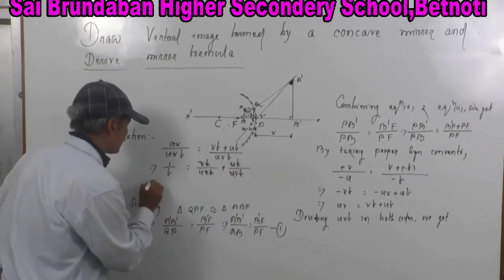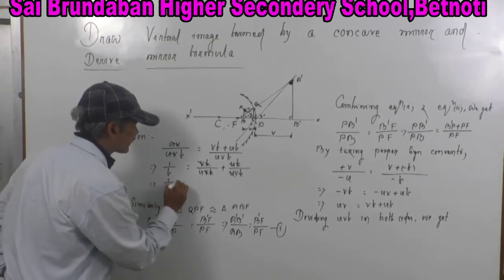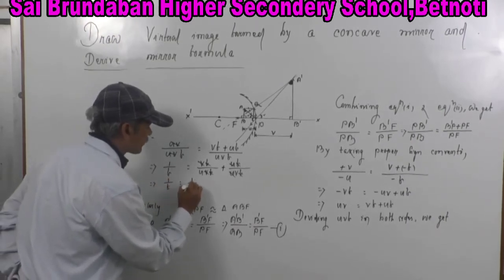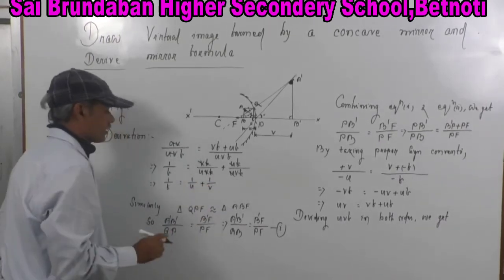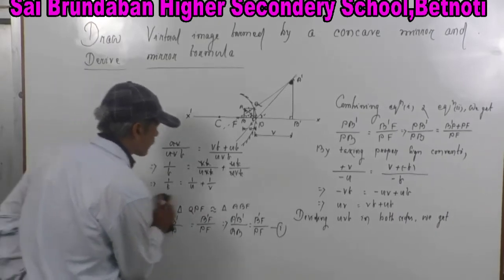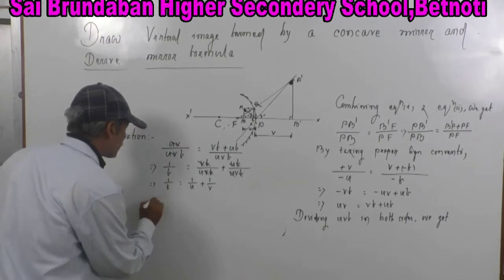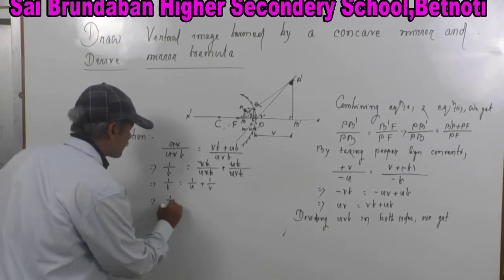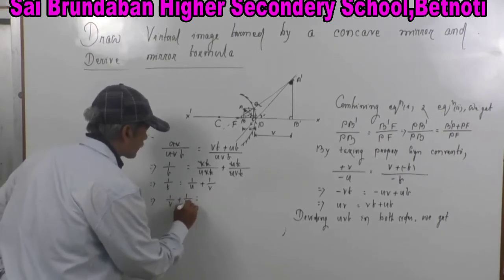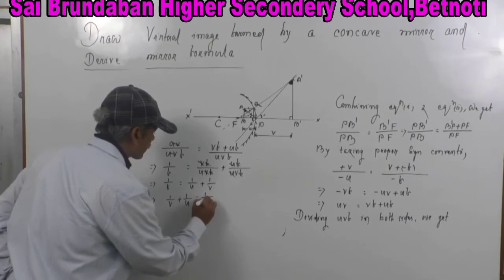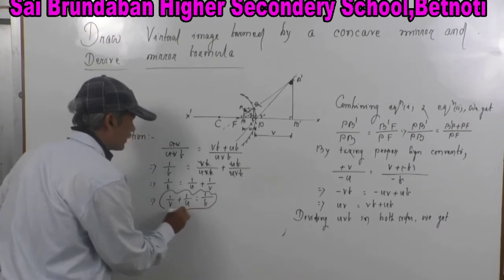Now which implies 1 by F is equal to 1 by U plus 1 by V. Implies 1 by V plus 1 by U is equal to 1 by F. So this is the required mirror equation.